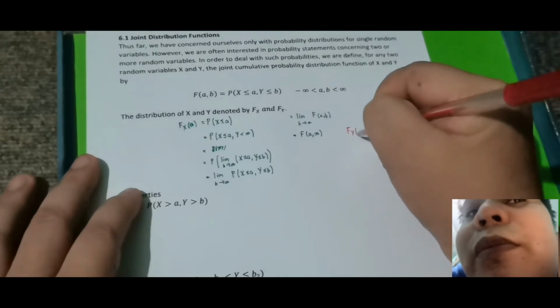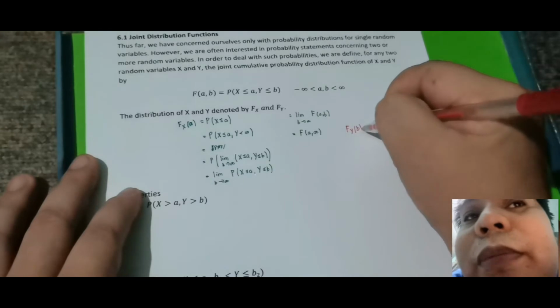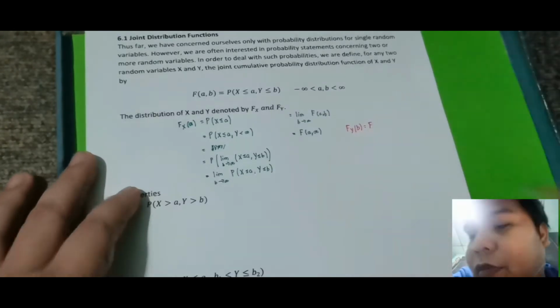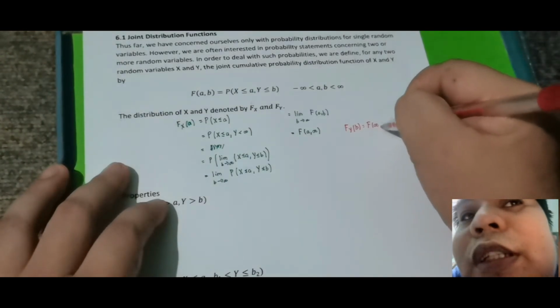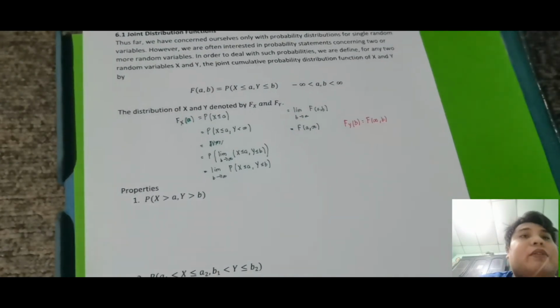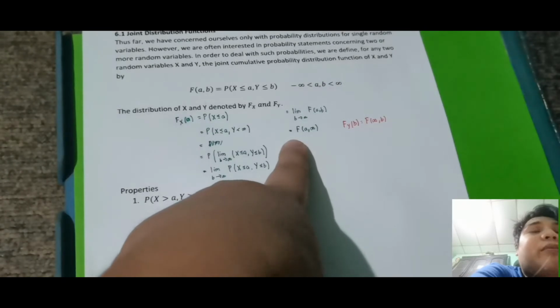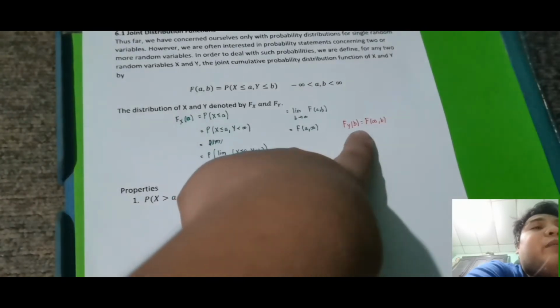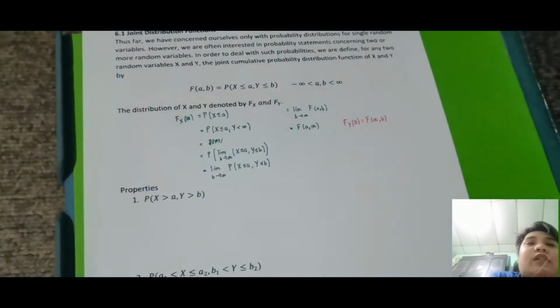So sa F sub Y of B, this is just equal sa F of infinity, comma, B. Okay, so yan yung dalawa. Again si F sub X of A can be written as F of A, comma, infinity in terms of joint distribution, and F sub Y of B can be written as F of infinity, comma, B. So again, yan yung mga distribution of X and Y in terms of joint cumulative probability distribution function.